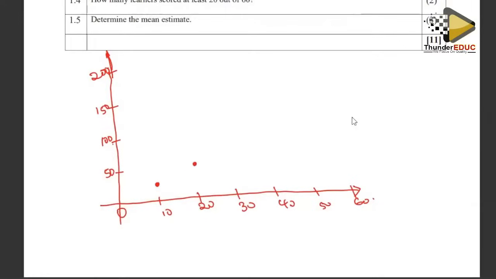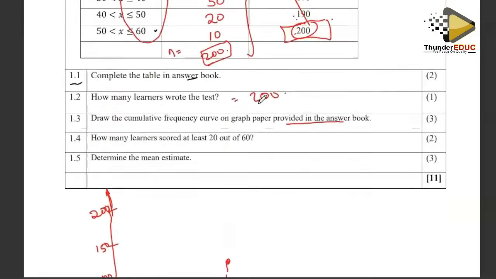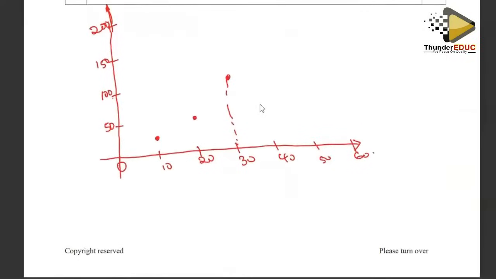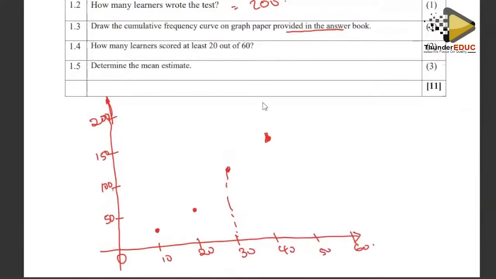Then 30 is going to go with 120. Then 40 is going to go with 170, which is slightly close to halfway. Why does it look like it's going to be a straight line? Then 50 goes with 190, and then 60 becomes 200.